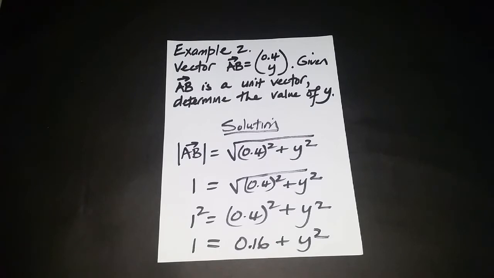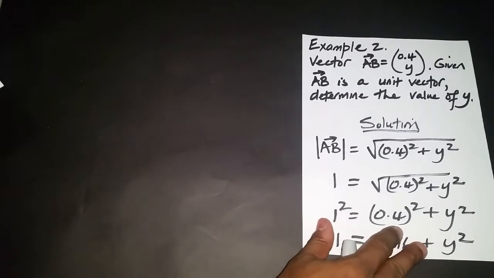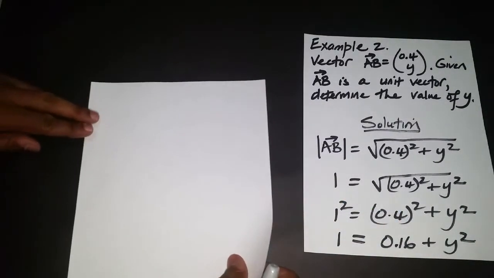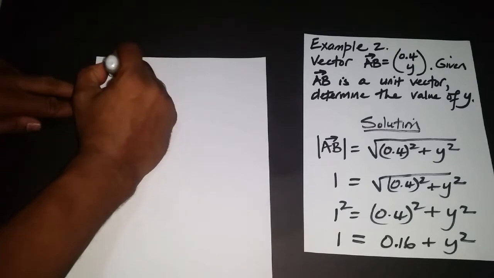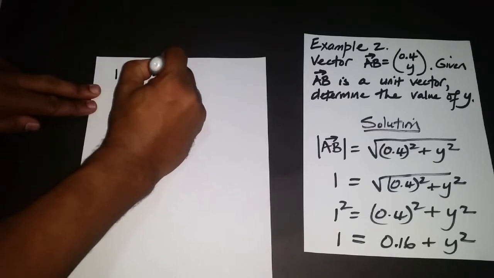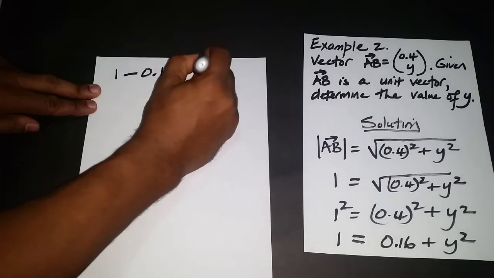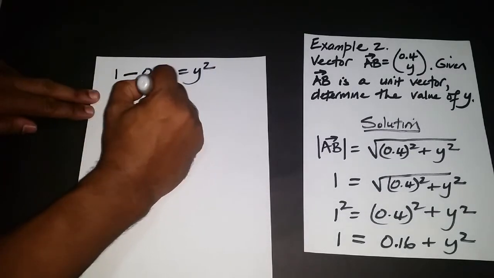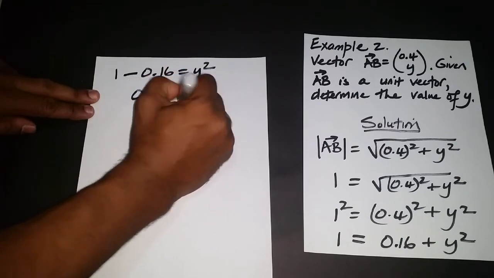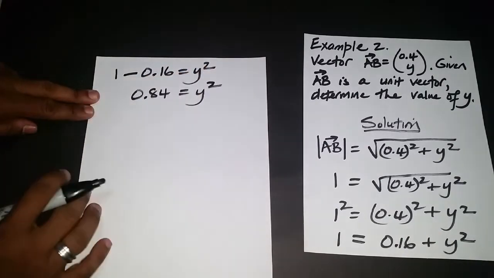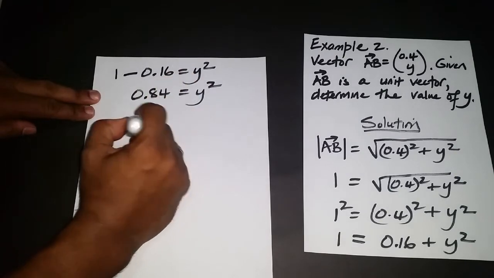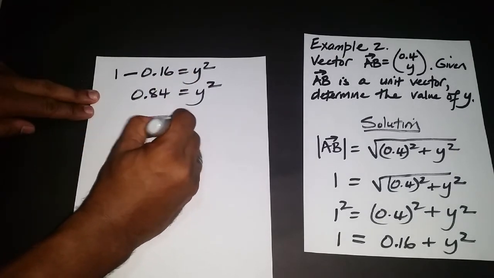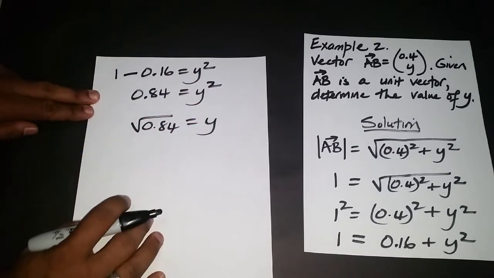Our next step will involve moving the 0.16 over to the side where the 1 is. So we would have 1 minus 0.16 equals y squared. And 1 minus 0.16 would be 0.84, which is equal to y squared.